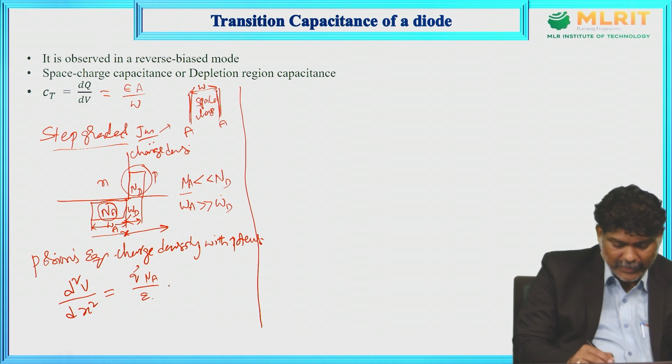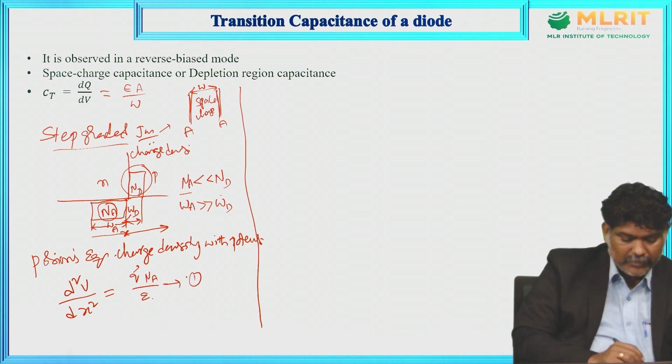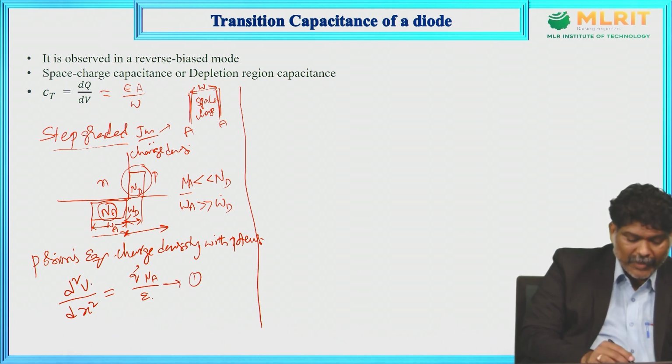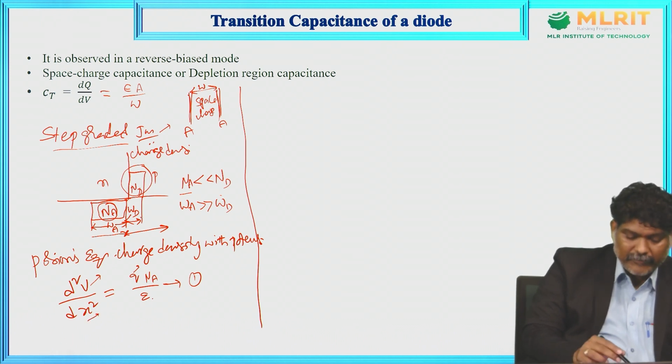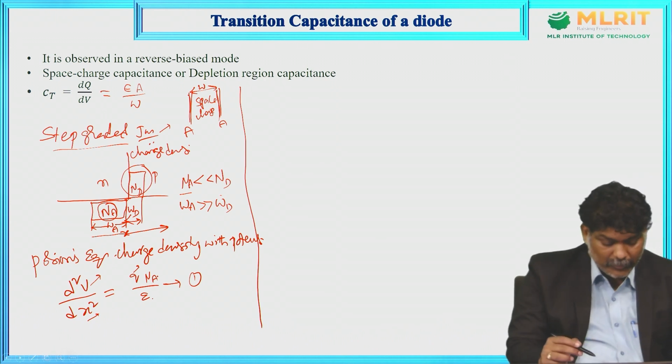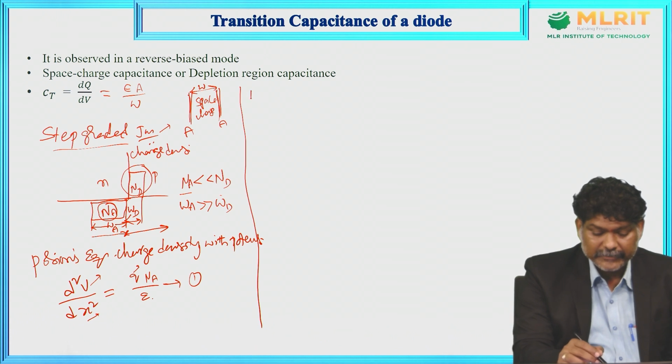So this is the relation between the applied potential, which varies with respect to x, that is the distance from the junction, and the charge density. Now let us integrate equation 1.